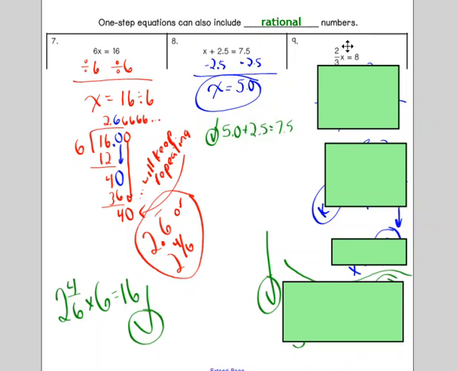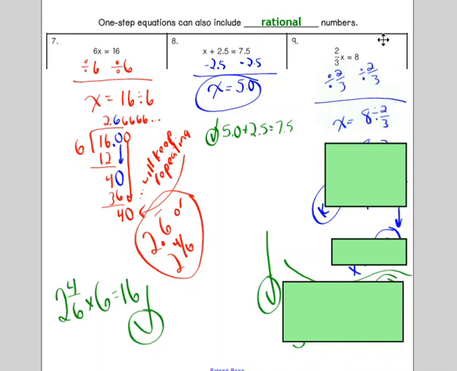In number 9, if I look at what's being done with a variable, it's being multiplied by 2/3. So the way you get rid of that is you divide both sides by 2/3. Because 2/3 divided by 2/3 cancels out. But over here, I have to do 8 divided by 2/3. So that's what this right here is showing.